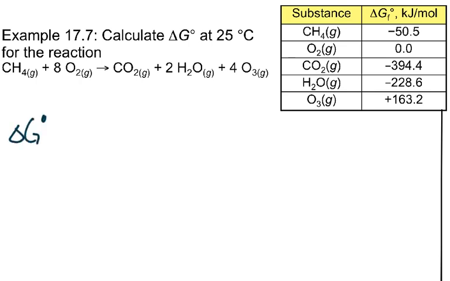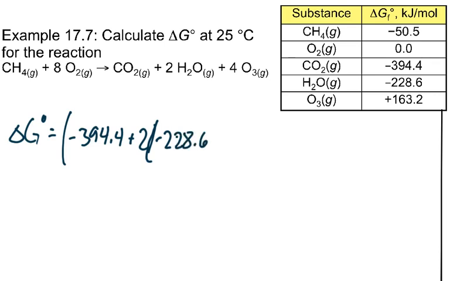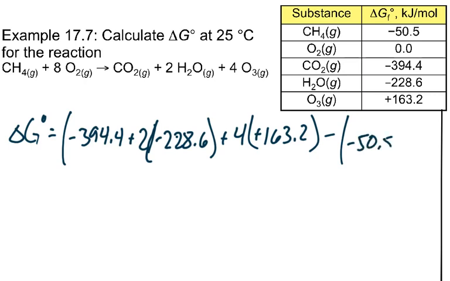So our delta G for this reaction from the delta G's of formation is going to be carbon dioxide, negative 394.4, plus 2 times water in the gas phase, negative 228.6, plus 4 times ozone, plus 163.2, minus my reactants, which is methane, negative 50.5, plus 8 times 0 is 0.